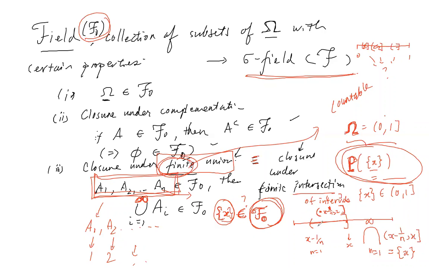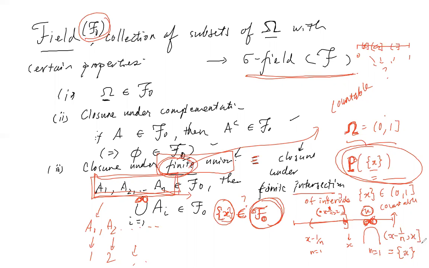You take this interval and keep on taking intersections until infinity. So this is a countable operation, a countable intersection. If you just stop at, let's say, k, that means finite. Then no matter how big your k is, it will still have a little bit left here.